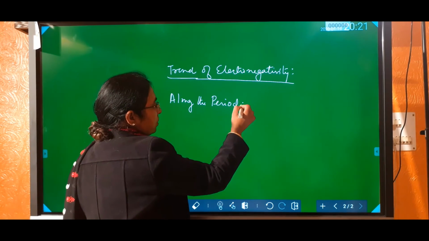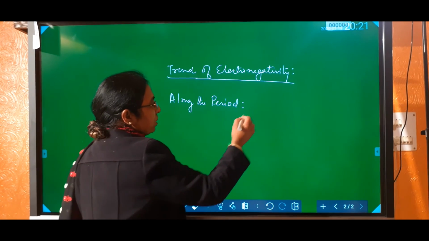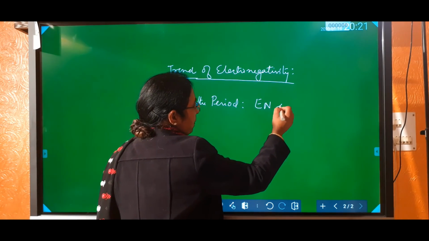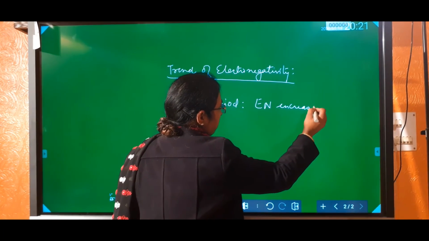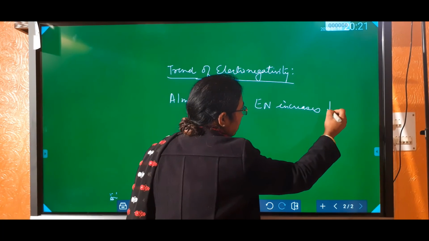Along the period, electronegativity increases. Why does it increase?